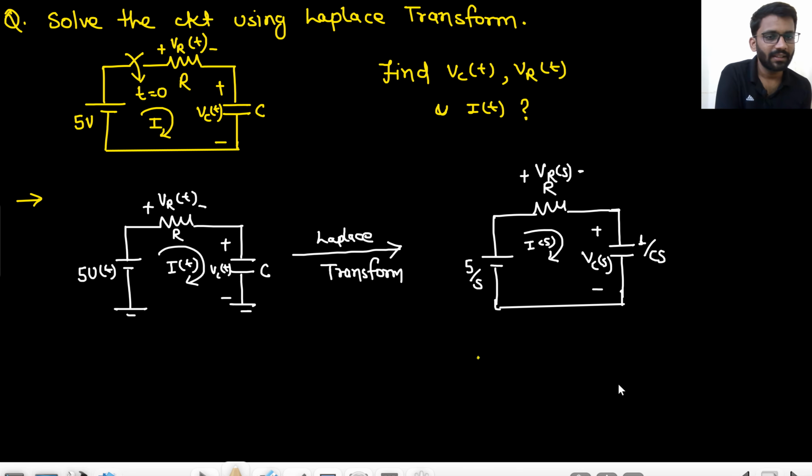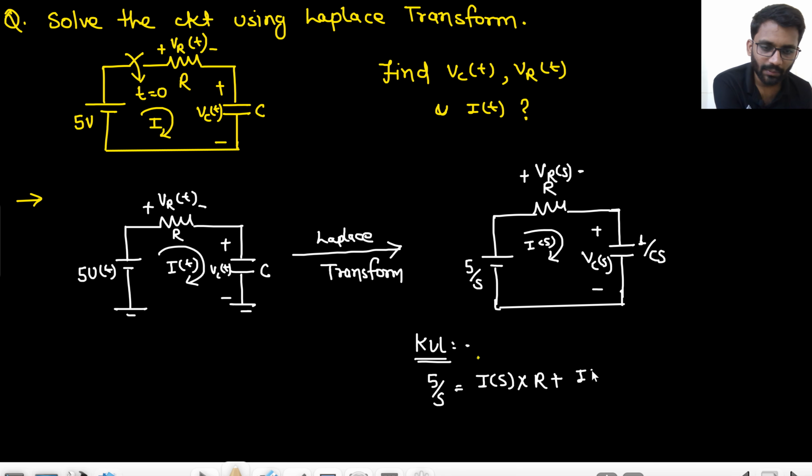So now I will apply KVL. Yeah, so applying the KVL, voltage 5 by S is equal to the current into the resistance plus the current into the impedance provided by the capacitor, and that is 1 by Cs.